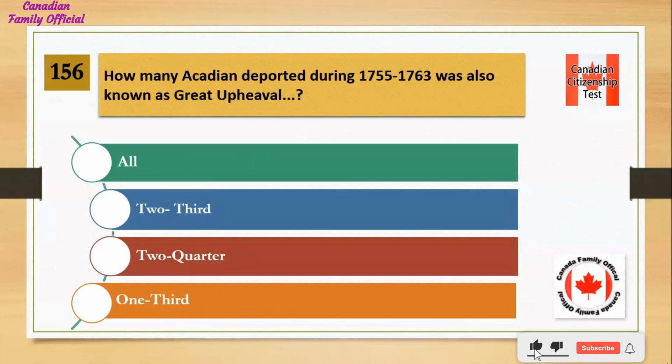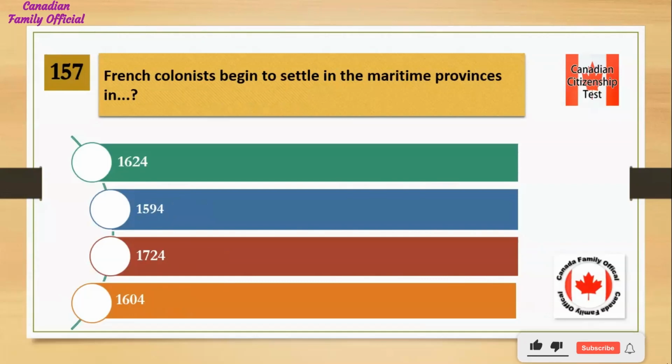How many Acadians were deported during 1755 to 1763, also known as the Great Upheaval? Number 1 all, Number 2 2/3, Number 3 2/4, Number 4 1/3. And the answer is 2/3.